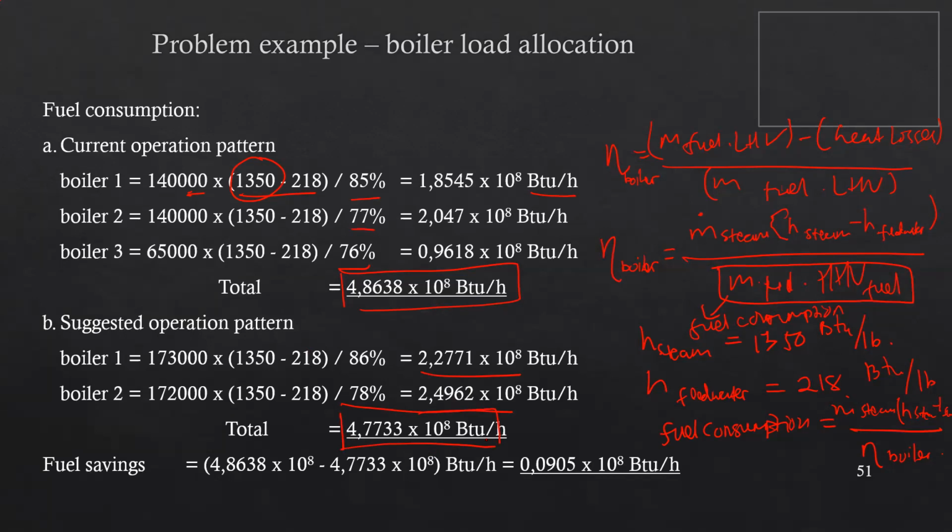This is the total fuel consumption for each operation pattern: the current one with 3 boilers, and the suggested one. Based on these, the fuel savings is the difference between the total fuel consumption of the current and the suggested operation pattern, around 0.0905 times 10 to the power 8 BTU.